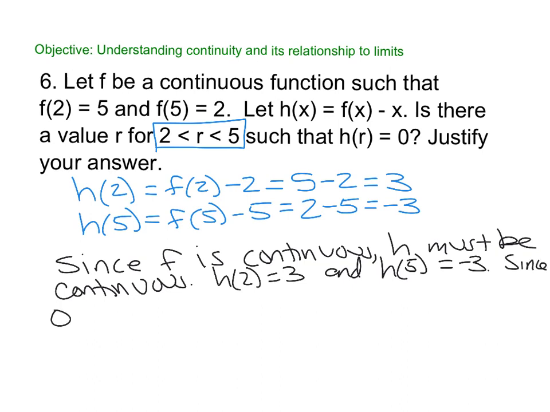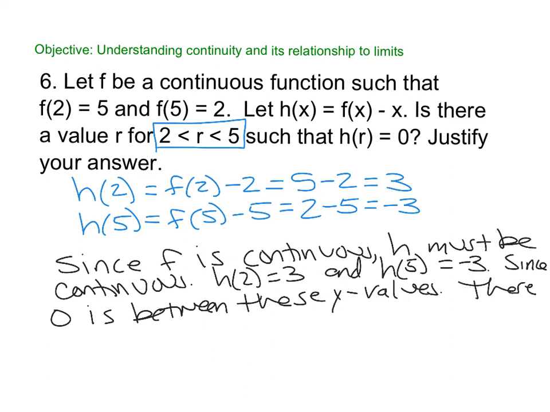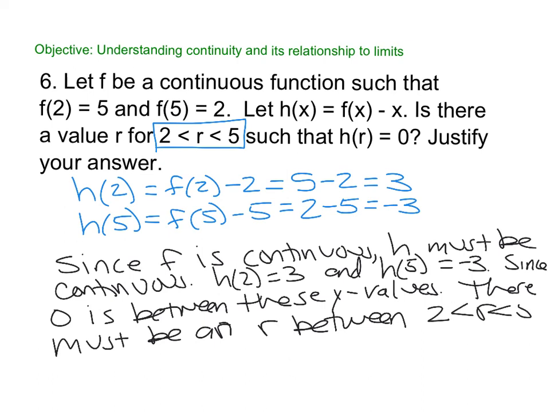Since 0 is between these numbers, there must be an r between 2 and 5, I could just write the interval, such that h of r equals 0.